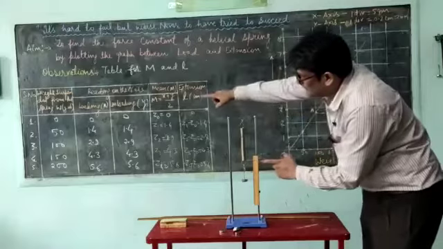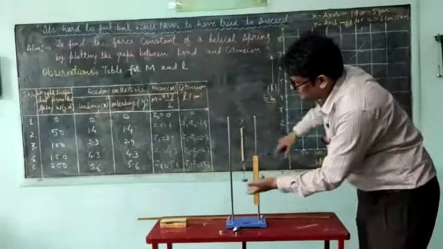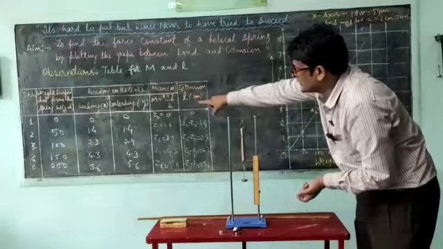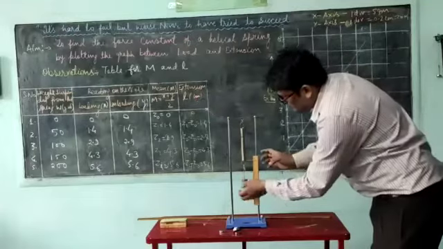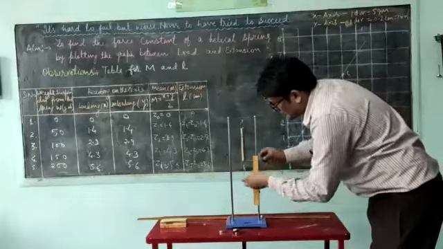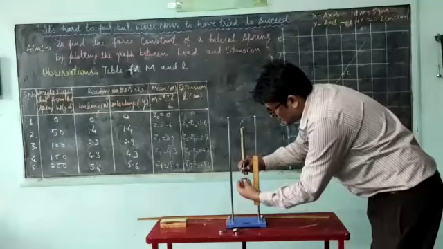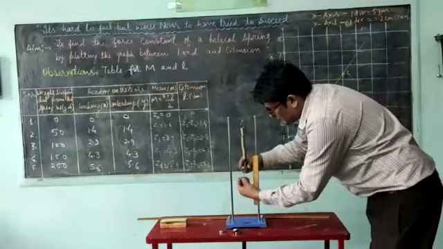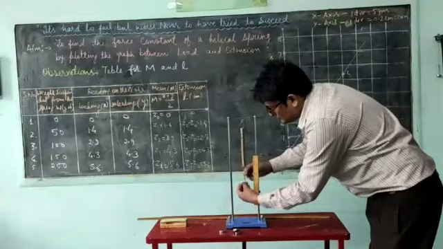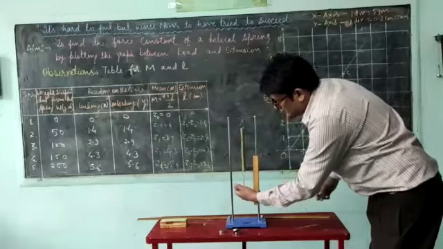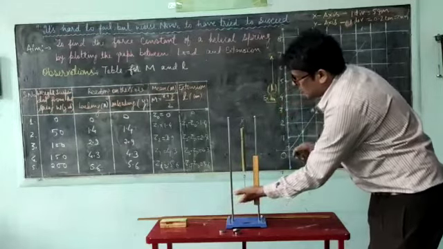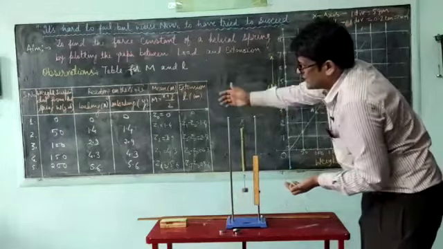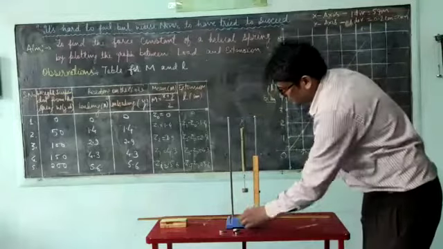Now here at 50 gram, we are getting the loading reading as 1.4. Then again we will increase it. We will put another weight gently, and then at 100 gram weight the reading is 2.9.